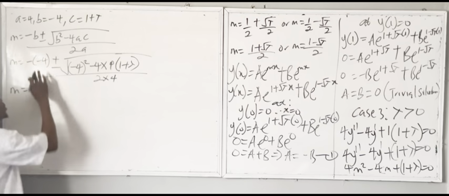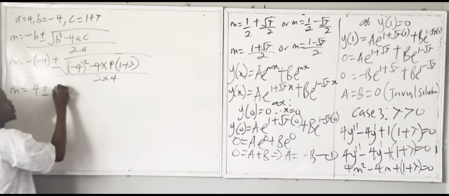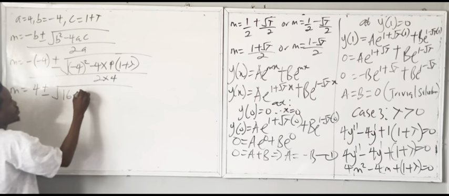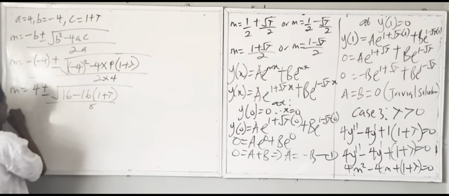Minus times minus is plus, so I'm going to have 4 plus or minus square root of 16 minus 16 times 1 plus lambda, all over 8.